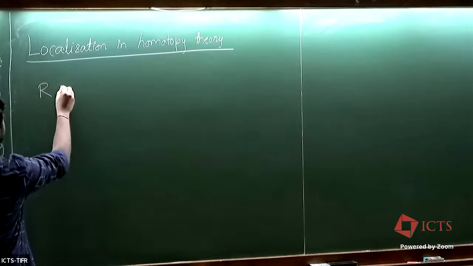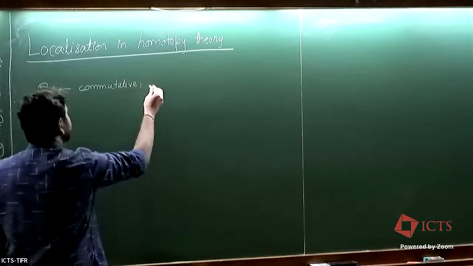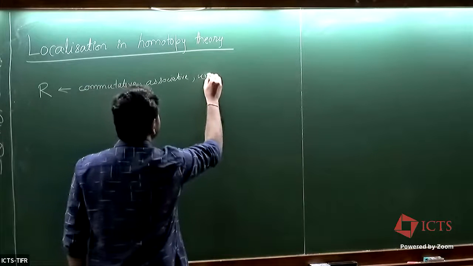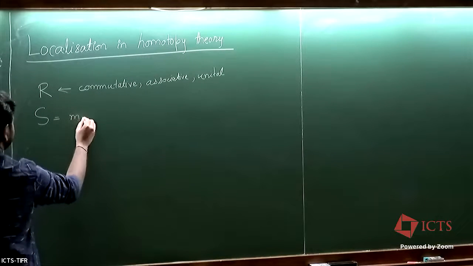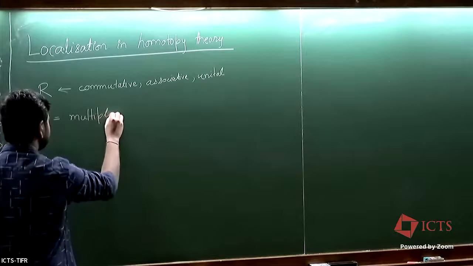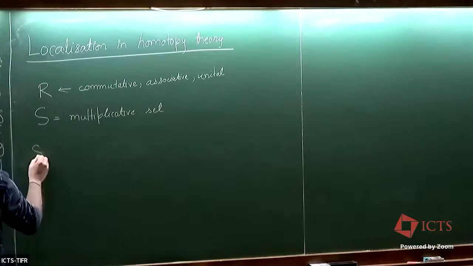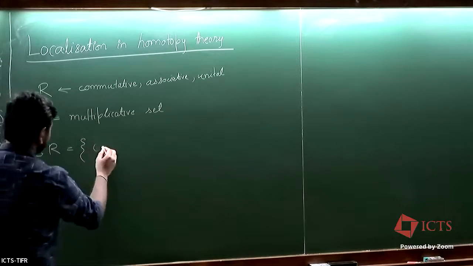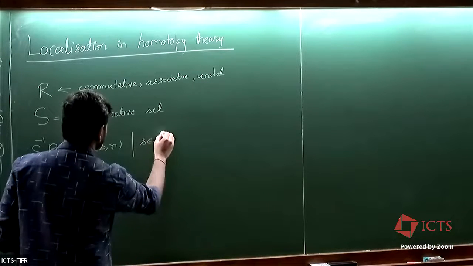If we start with a ring R, which is commutative, associative and unital, that is, has a unit, and if we take S a multiplicative set, that is a subset of R which is closed under multiplication, then we can talk about S inverse R, which is essentially inverting the elements of S in R. So this is defined to be pairs S comma R such that small s belongs to this multiplicative set.